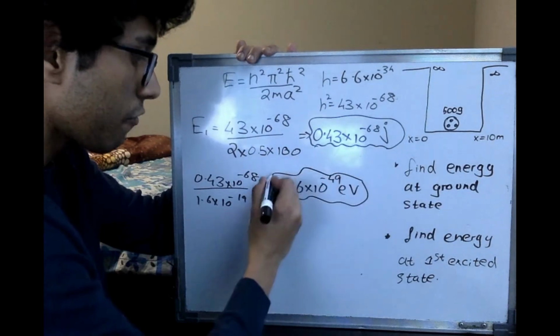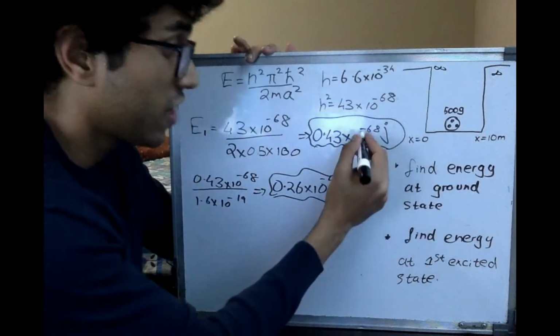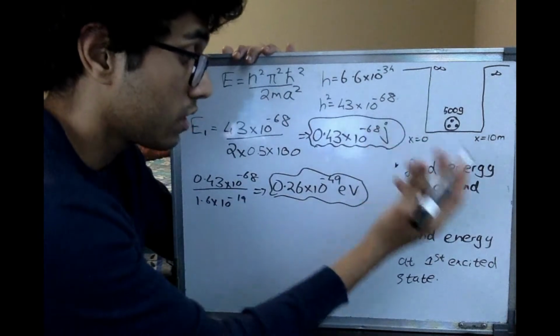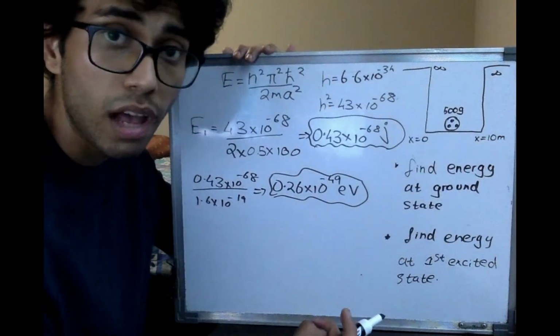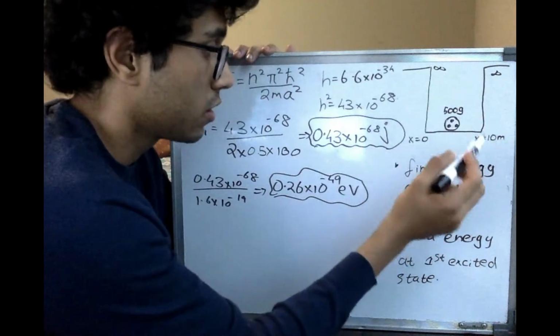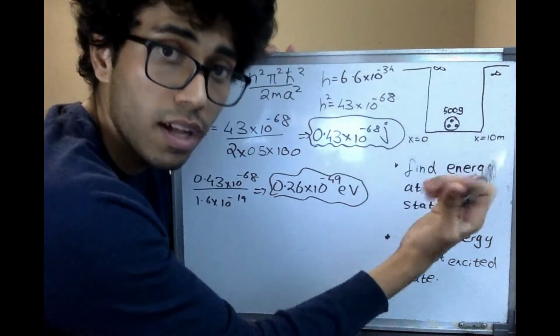Now, we don't have any device that measures the energy of the particle in the order of 10 to the power negative 68 joules or in 10 to the power negative 49 electron volts. We simply don't have. And that's why we usually don't observe the energy of this ball, which is confined at the potential well. And that's why we ignore these values here.